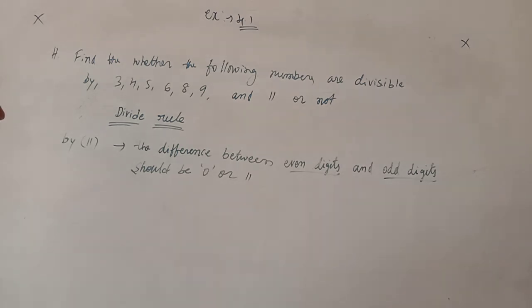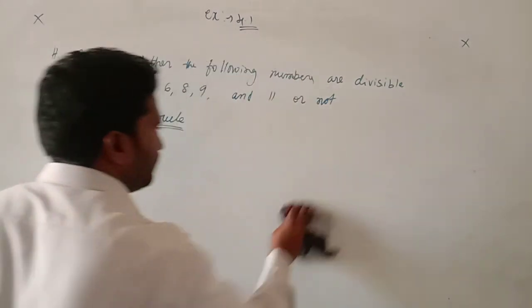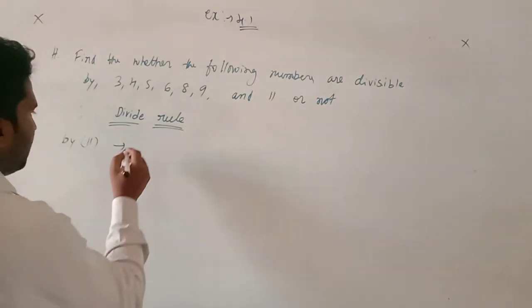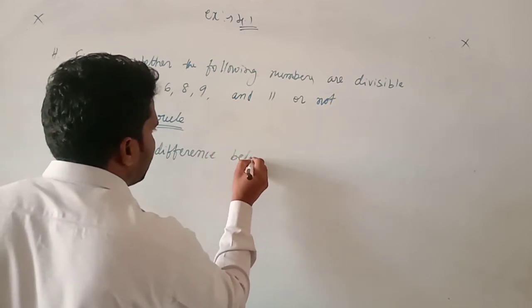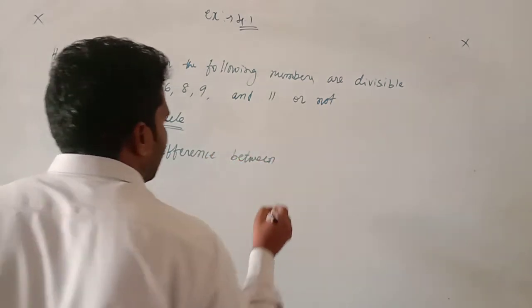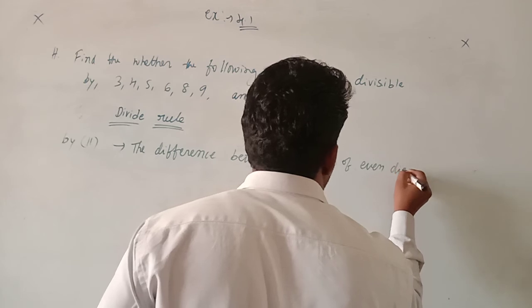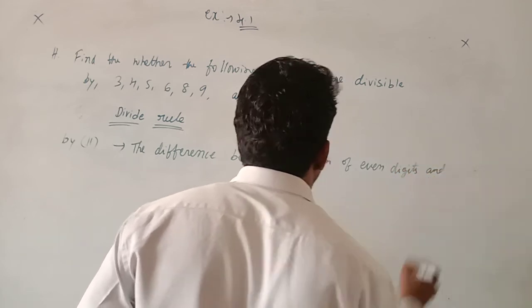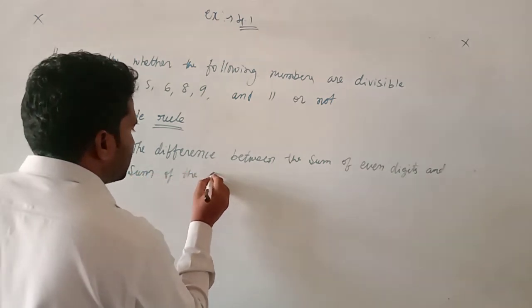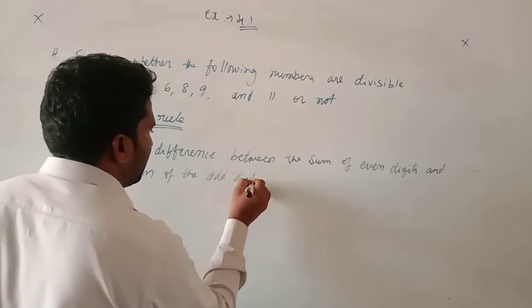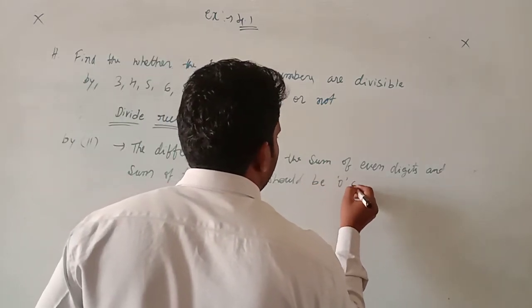The difference between the sum of even digits and the sum of the odd digits should be 0 or 11.